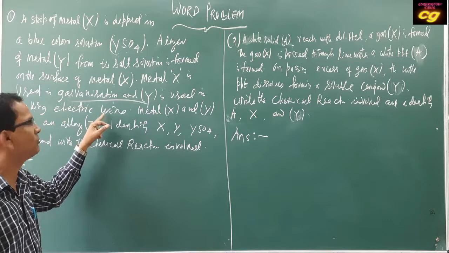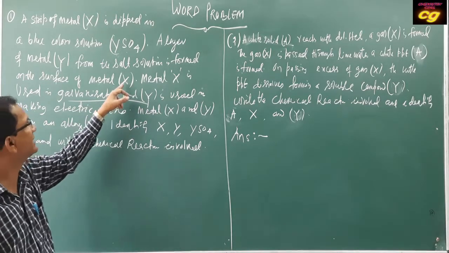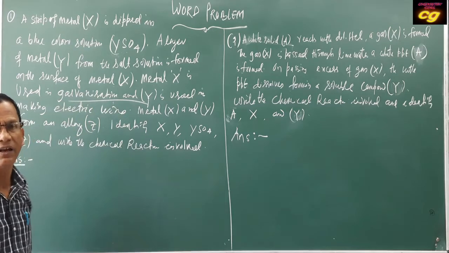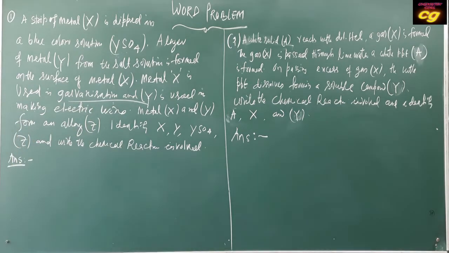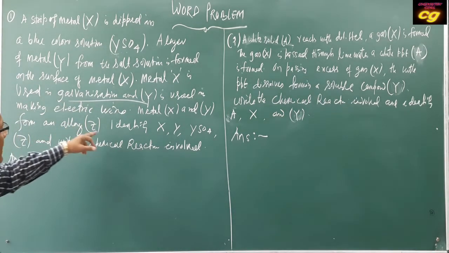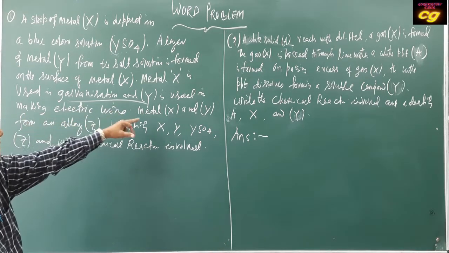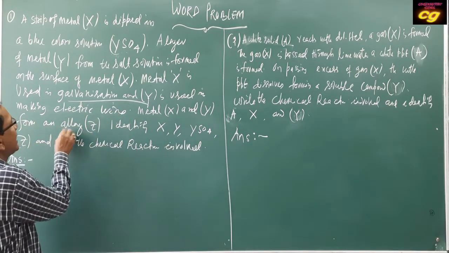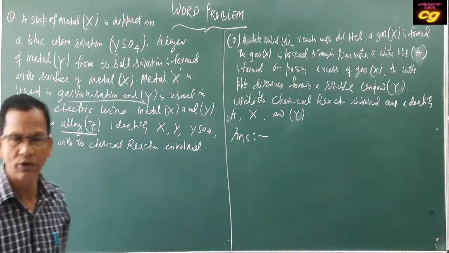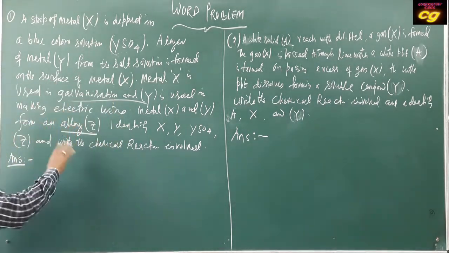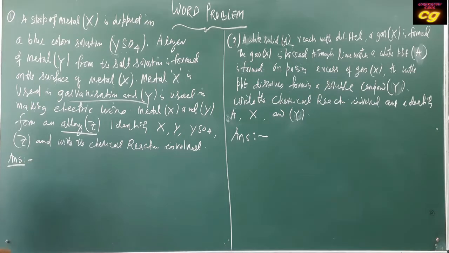Y is used in electric wire means that is copper, and X is more active than Y, so X is which one? Either iron or zinc. But as per the question, X and Y are used in making an alloy, that is Z. The alloy is made of copper and zinc. So from this question, X is zinc.